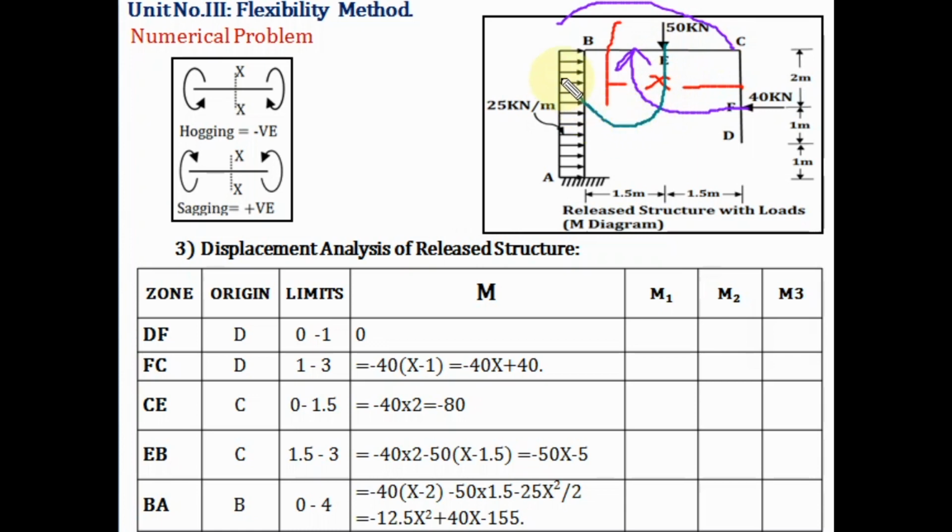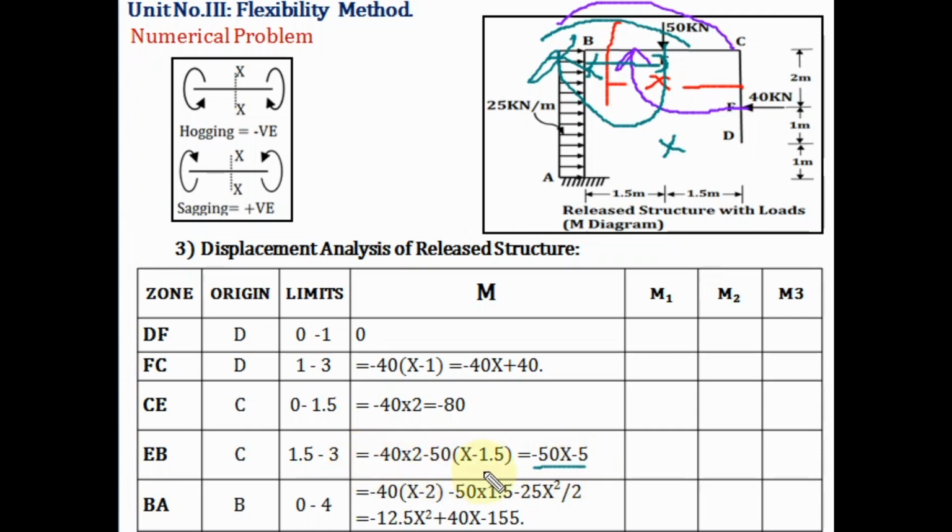This 50 kilonewton will act like this. Again the nature of bending moment will be sagging. We are standing inside the frame. As the nature of bending moment is sagging, here the sign is minus. Intensity of force is 50. Here we have to find out this distance. The total distance is x minus 1.5. So the bending moment in zone EB will be minus 50x after solving this expression.